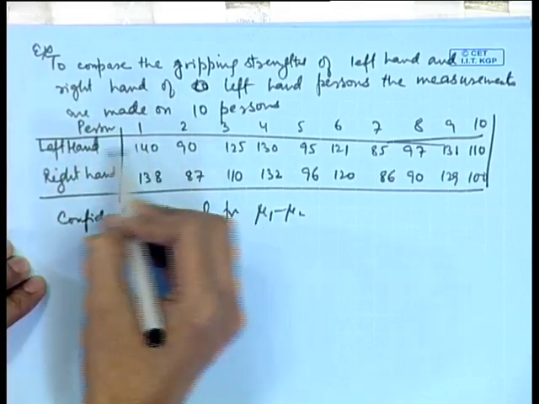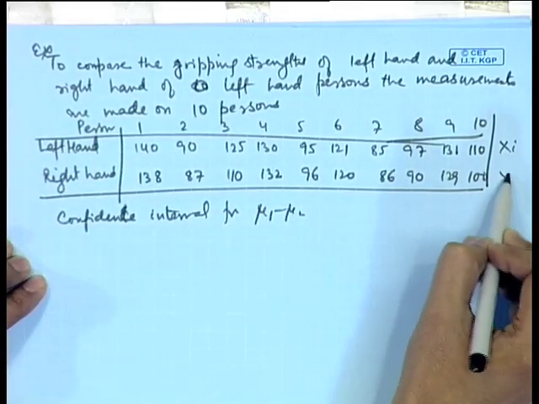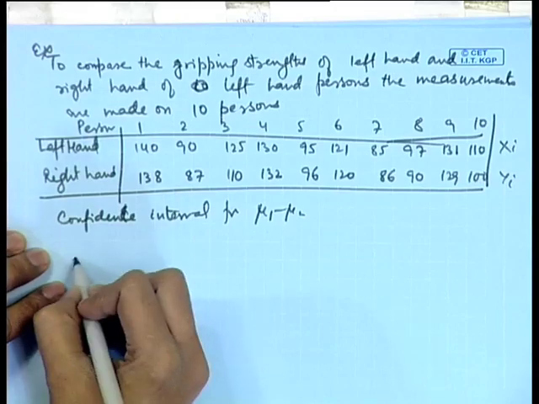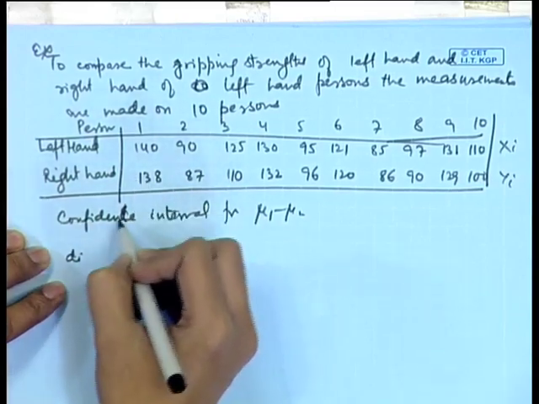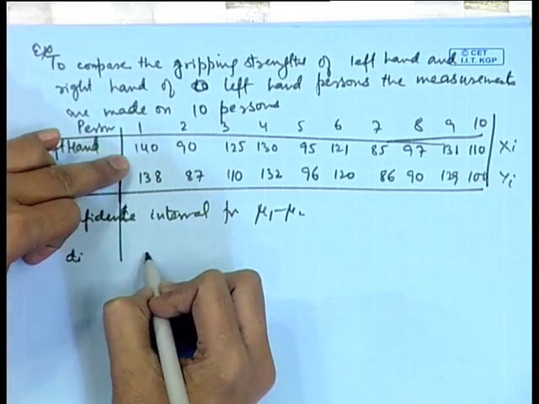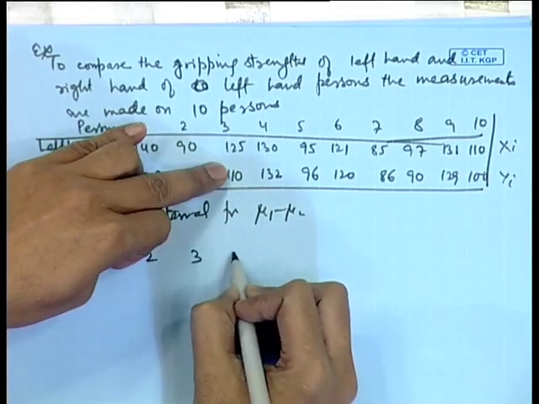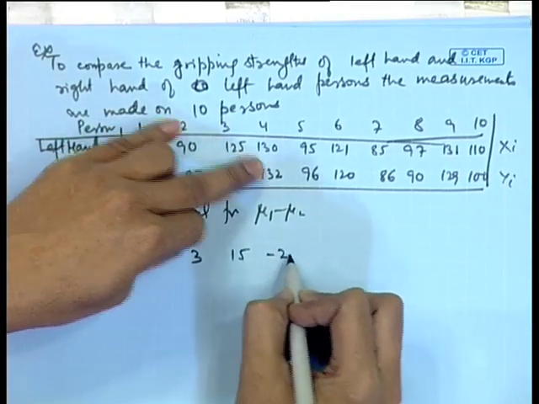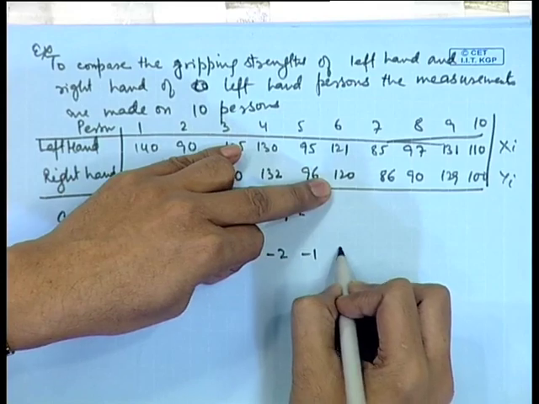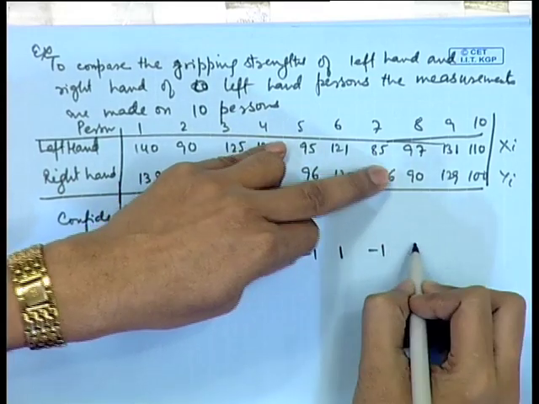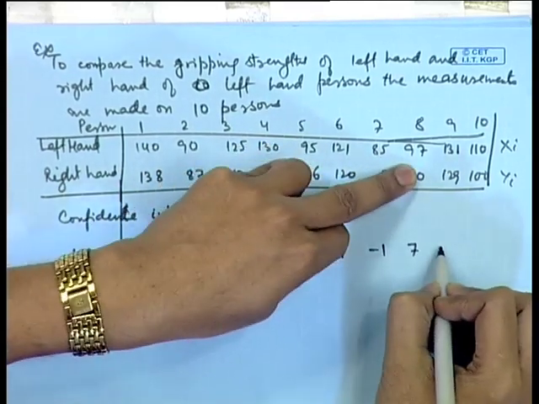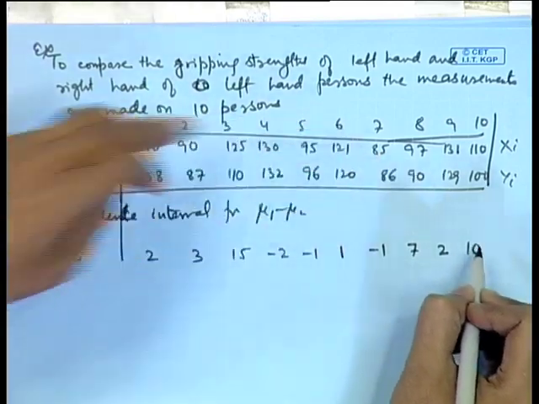So, let me call this as the first set. So, this is x i data, this is y i data. So, we will look at d i's, the differences here. So, the differences here is 2, 3, 15, minus 2, minus 1, 1, minus 1, 7, 2 and 10.